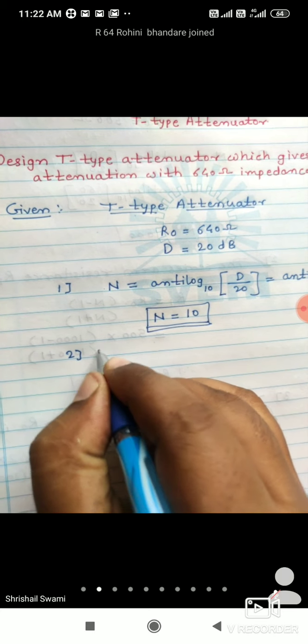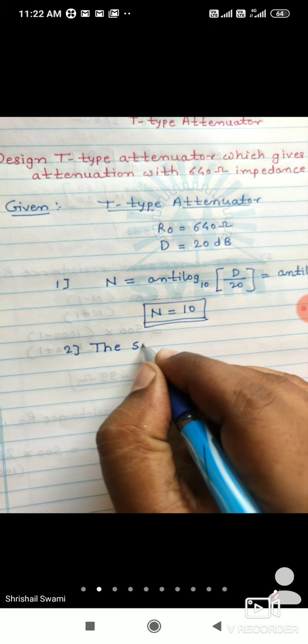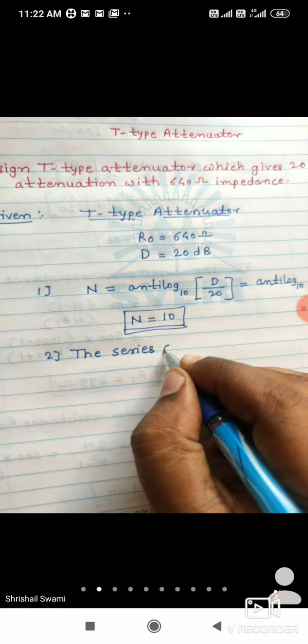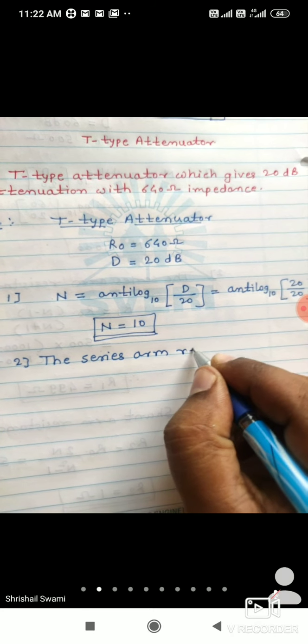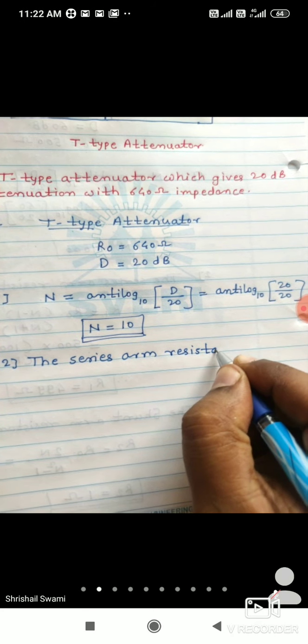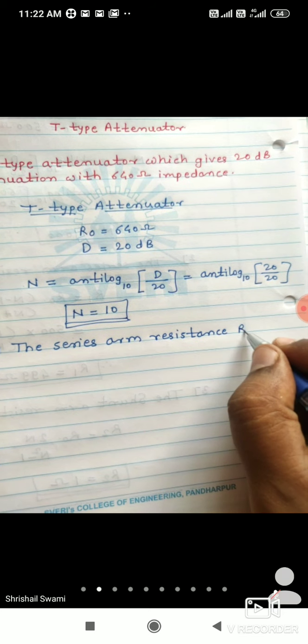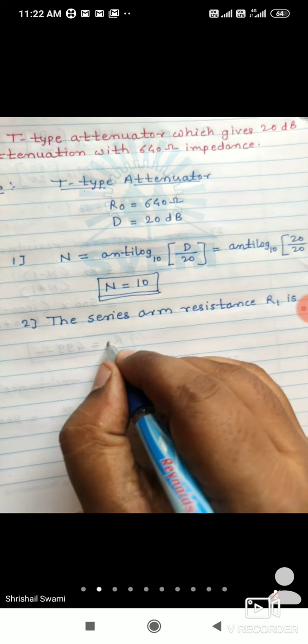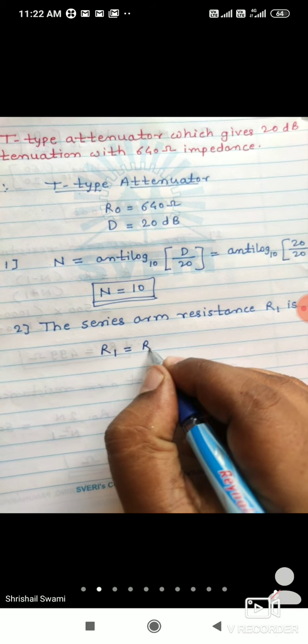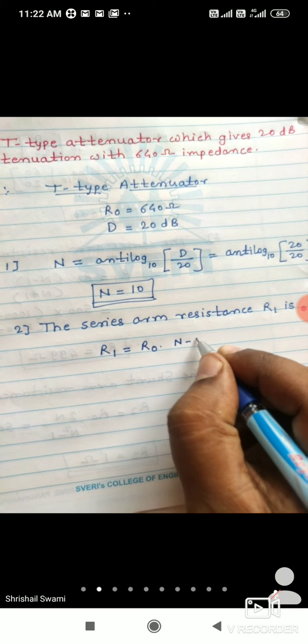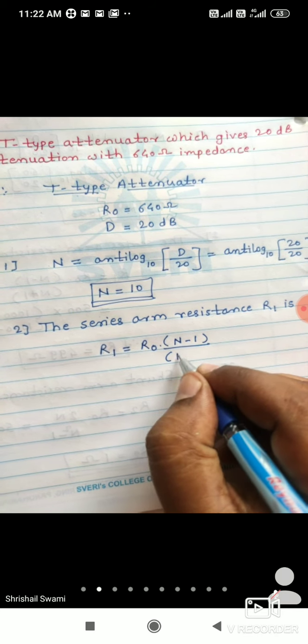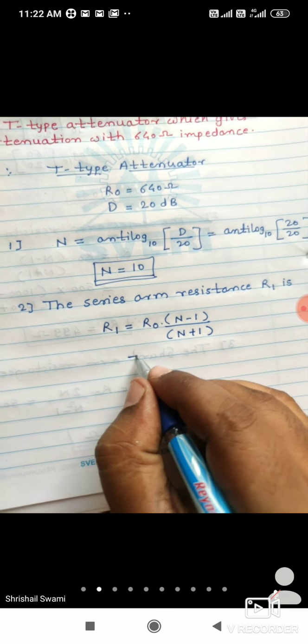Second one, the series arm resistance R1. The R1 formula is R0 into N minus 1 divided by N plus 1. So put the values.